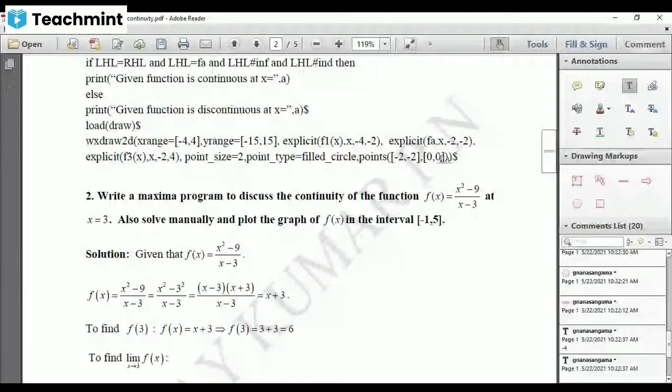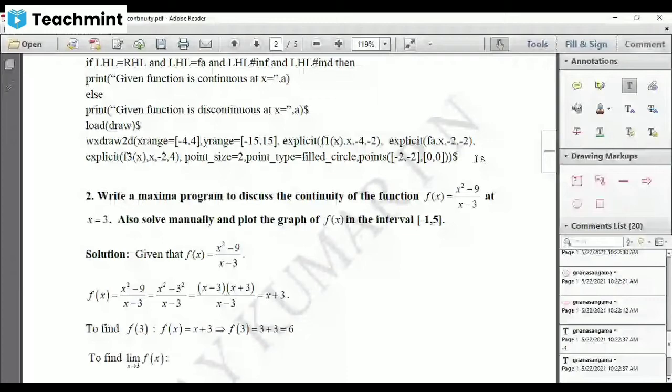That's why x range is a, a, and y range is f of a, f of a. A is -2, -2. F of a is 0, 0. If you write this, then you'll get a graph. So this is how you have to write a Maxima program to verify the continuity of a function.